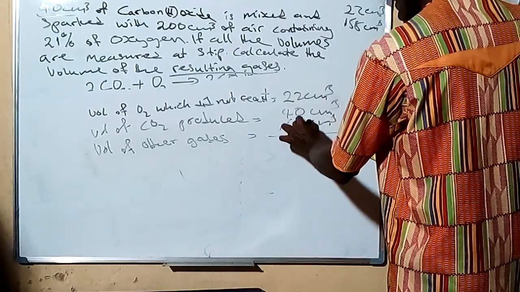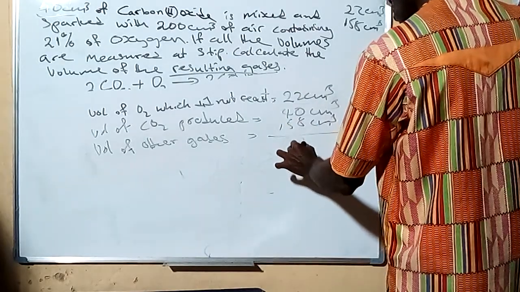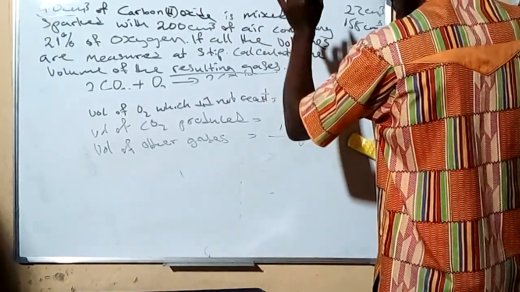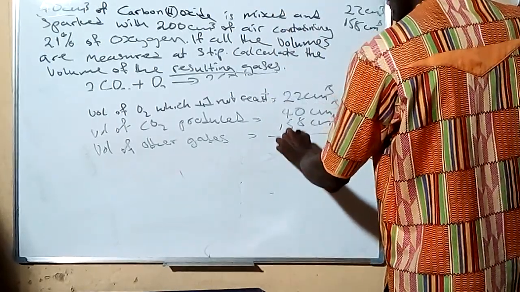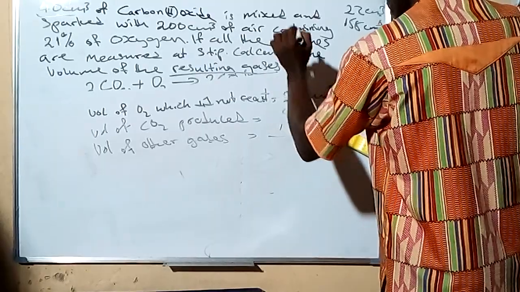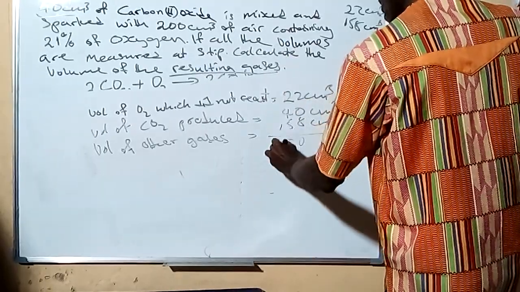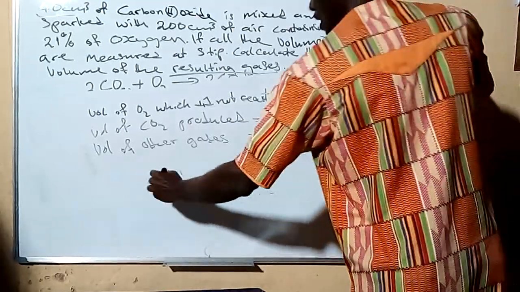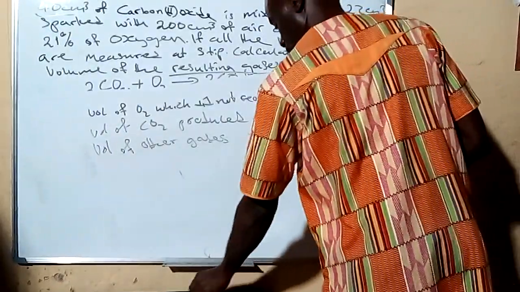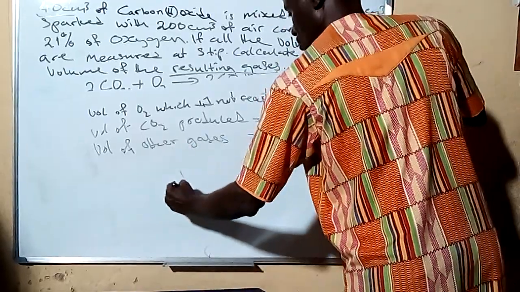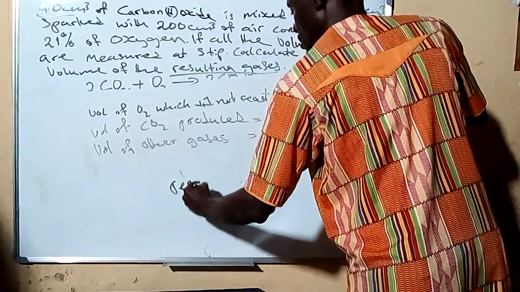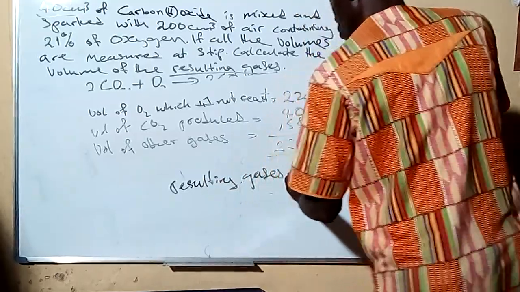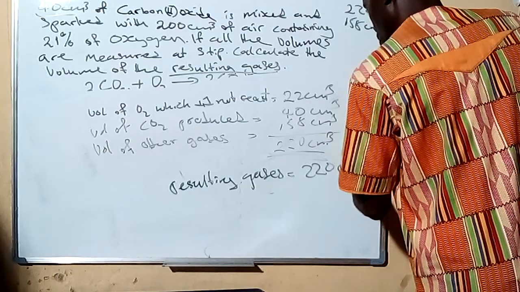Here we have 158 plus 40 plus 22, which gives us 220 cm cube. The resulting gases will be 220 cm cube.